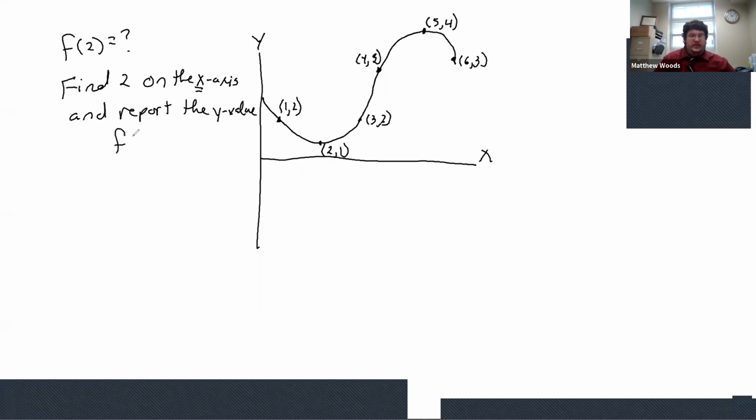So in this case, f of 2 would be 1. So I go to 2 on the x-axis here. I follow it up to the graph. I hit this point here, 2, 1. So that's not too bad.